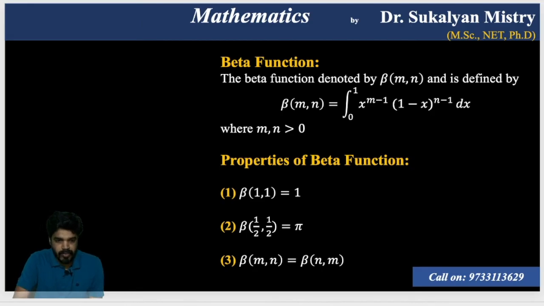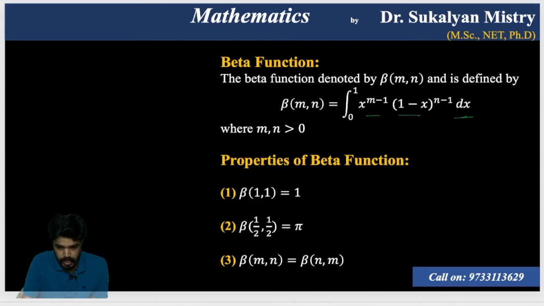So what is the beta function? The beta function, denoted by beta(m, n), is defined as beta(m, n) equals the integral from 0 to 1 of x to the power m minus 1 into (1 minus x) to the power n minus 1 dx.